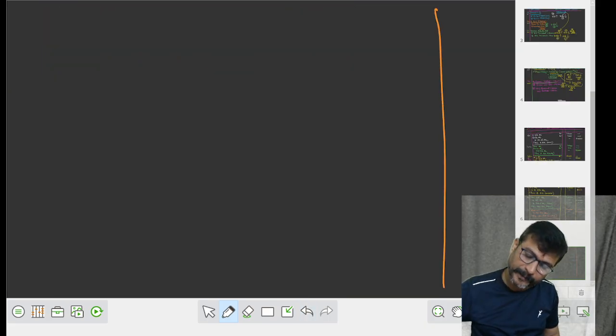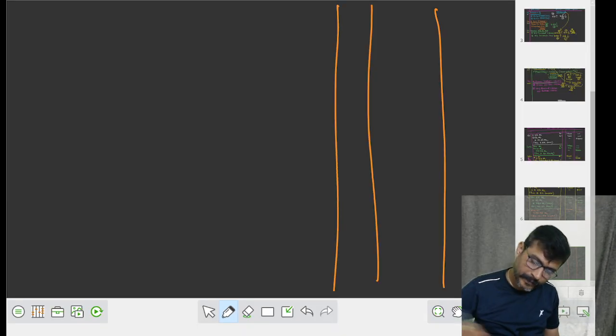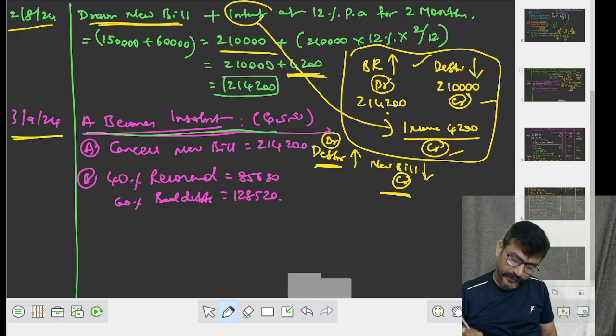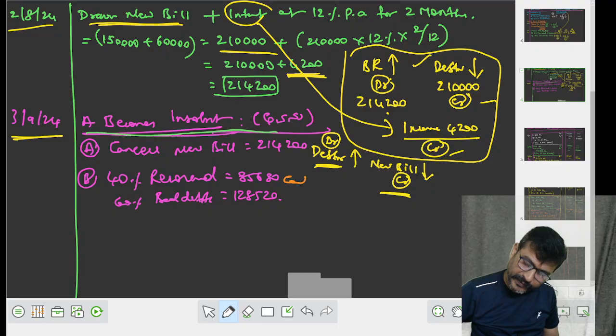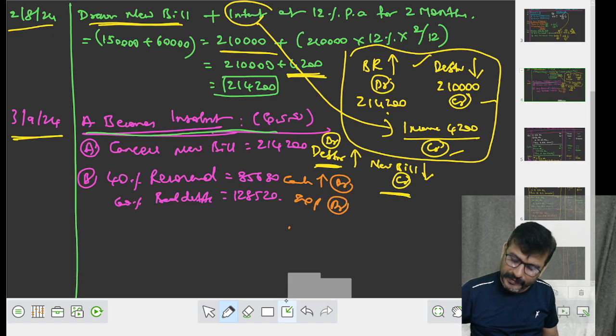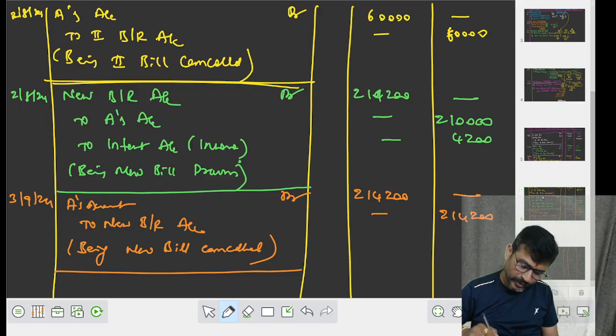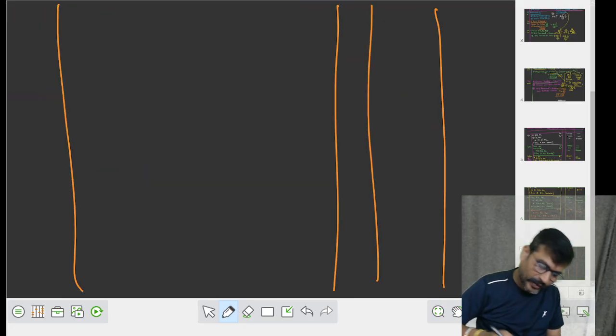बाद में क्या करते हैं, देखिए ना, आफ्टर कैंसलेशन ऑफ ए न्यू बिल व्हाट हैपेंड, 40% is recovered. Cash increased debit, bad debts as an expense debit. A is to be credited. Who is A? A is insolvent, recovered from his private estate. क्या करना, सेम डेट. सेम डेट बोले तो 3 सितंबर 24.